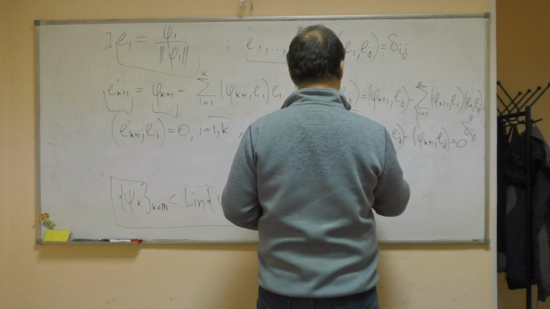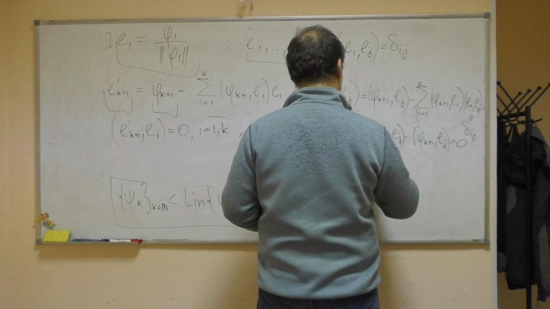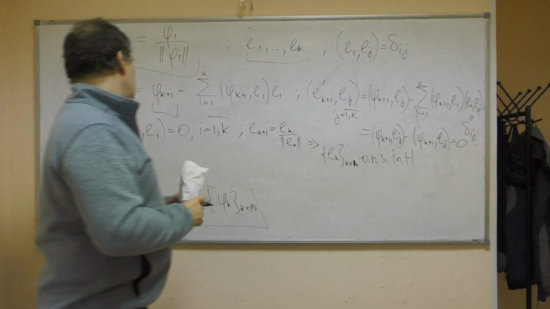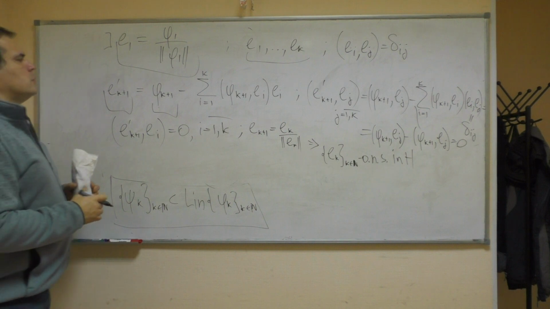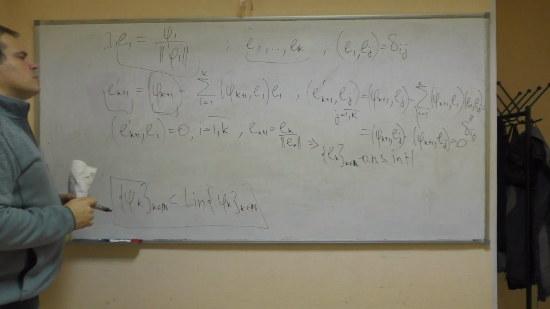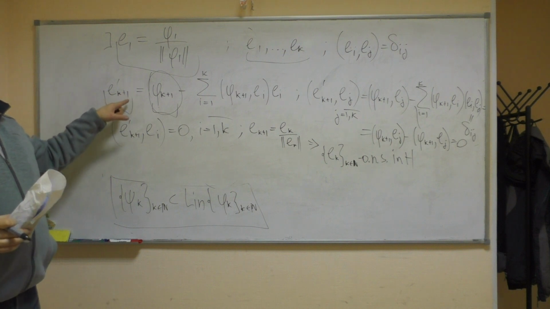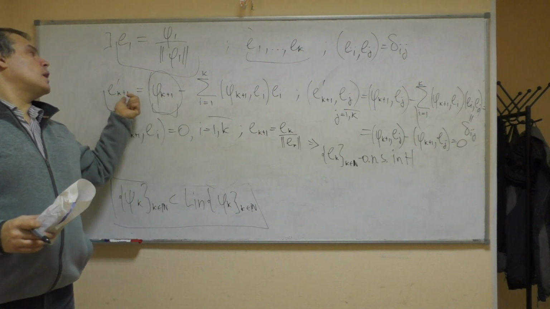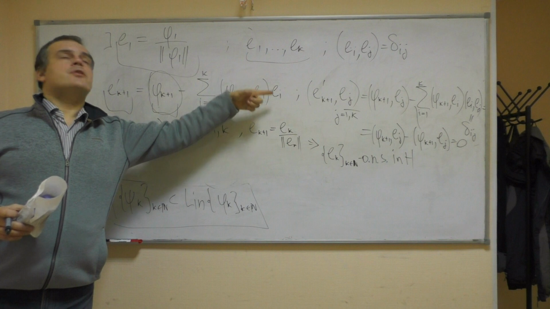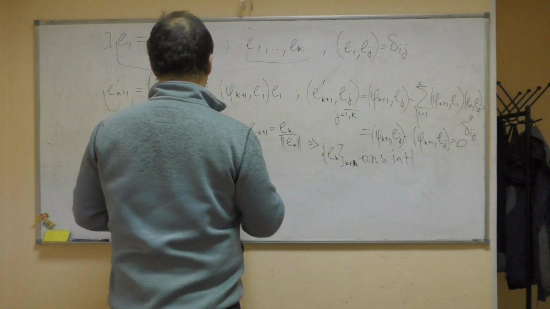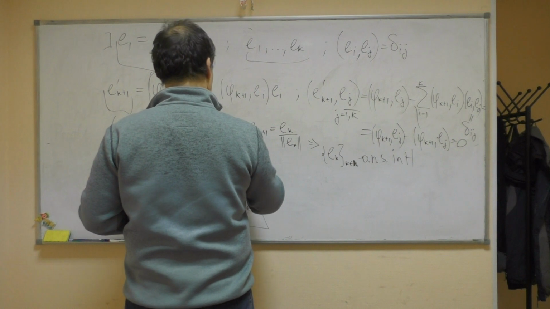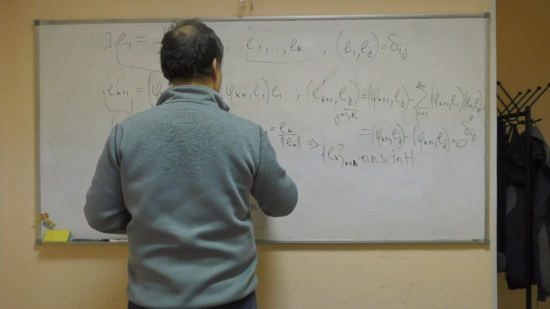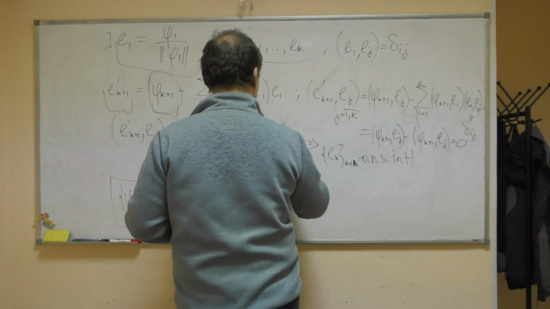So E, this new system, is an orthonormal system in H, and it can be seen that phi k plus 1 can be represented as a linear combination of all vectors of the first k plus 1 elements of system E. So it means that system phi belongs to the linear envelope of the new system E.